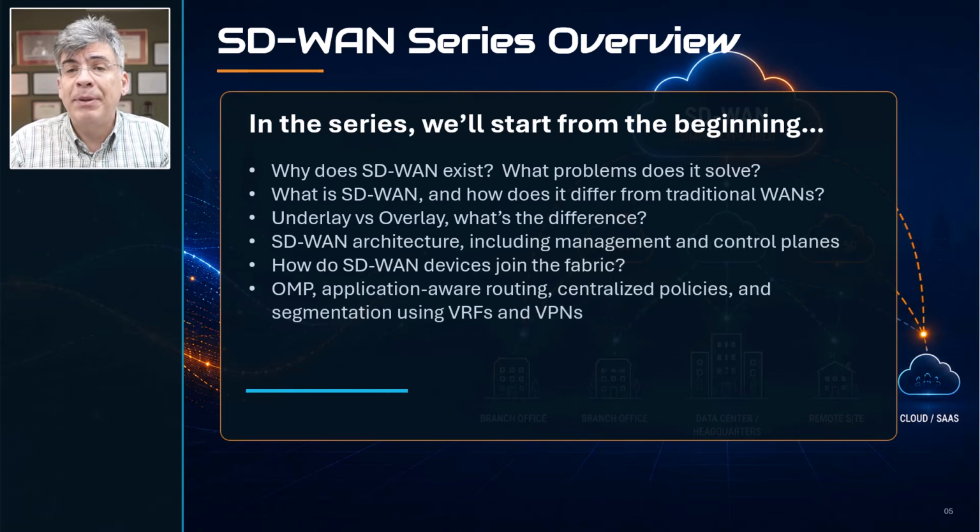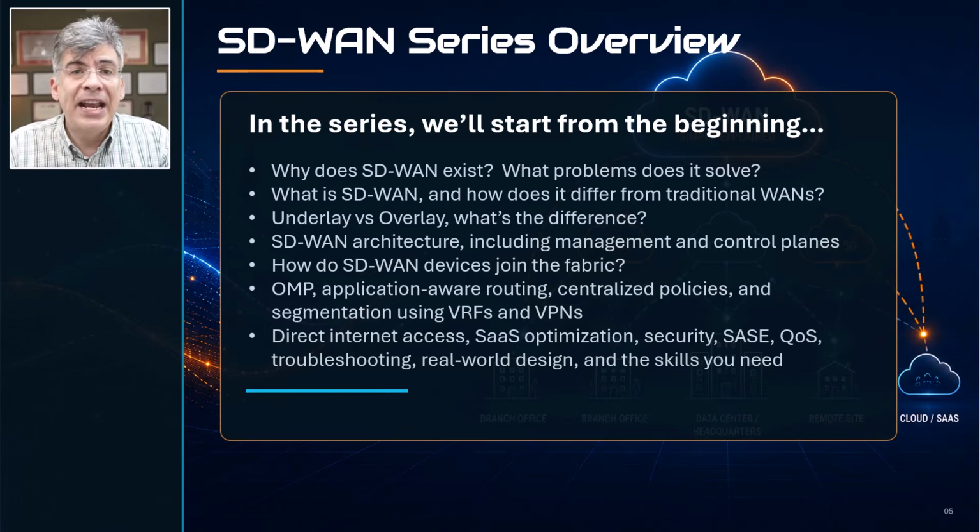We will also explain Cisco OMP, application-aware routing, centralized policies, and segmentation using VRFs and VPNs. And finally, we will also discuss internet access, SaaS operations, security, SaaS QoS, troubleshooting, real-world design, and the skills network engineers need in order to work with SD-WAN effectively.